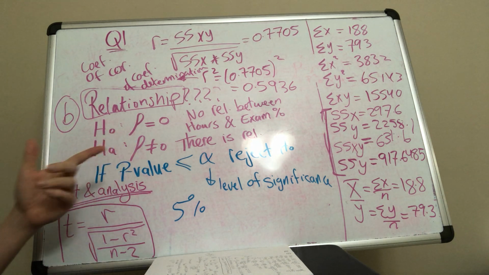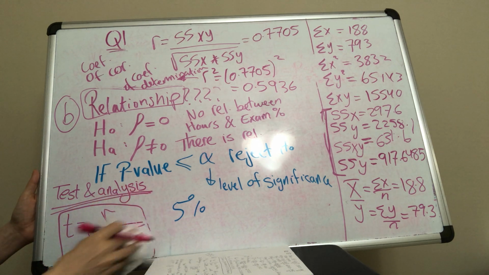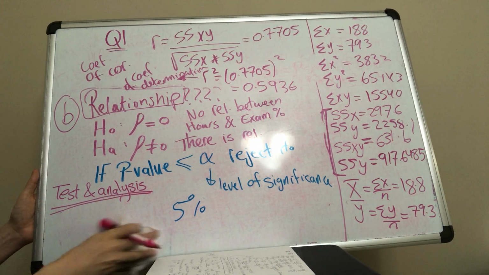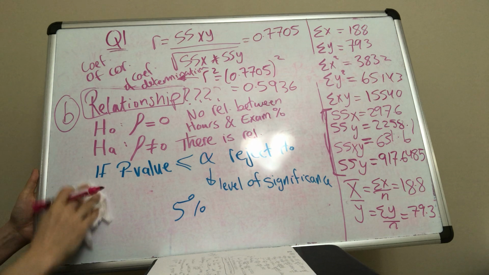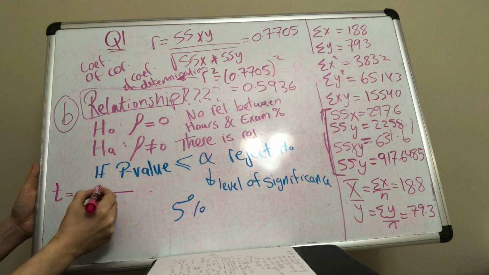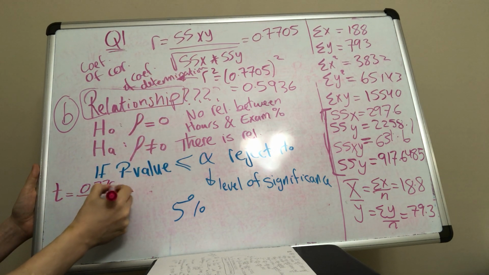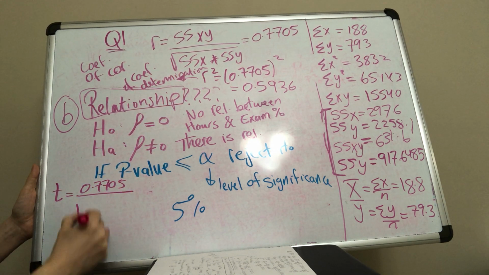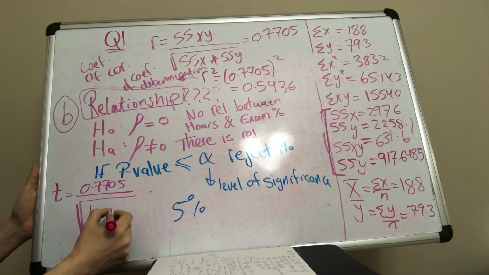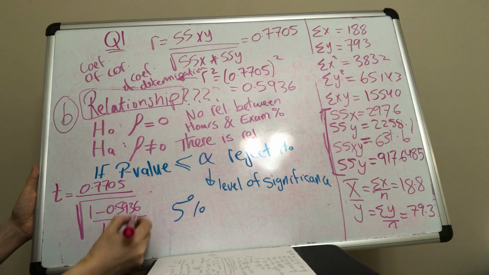So once you have r and r squared, you can put everything in the t formula here. Remember, it was r, 0.7705, it was 1 minus r squared, 0.5936, and n minus 2.